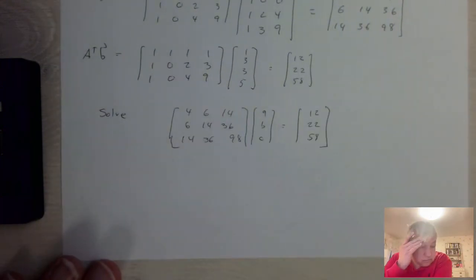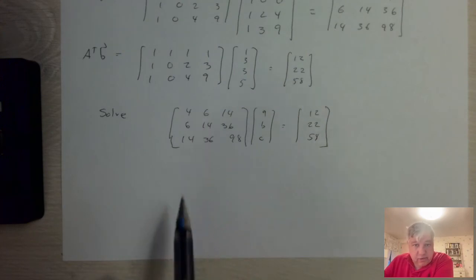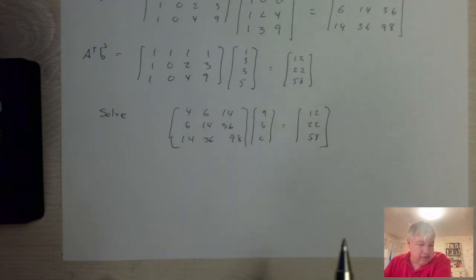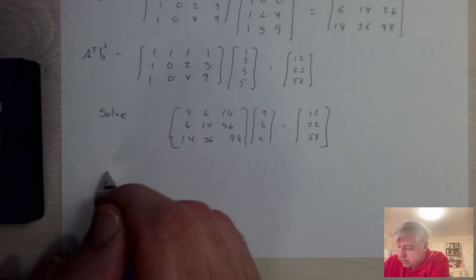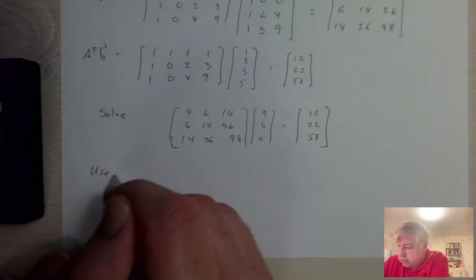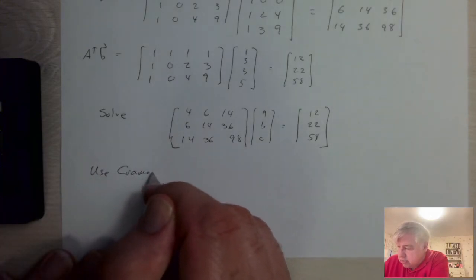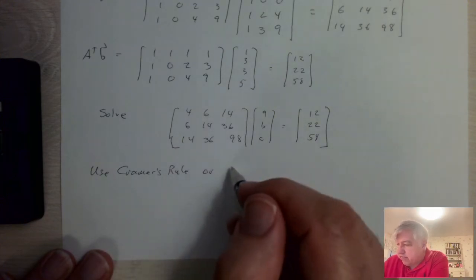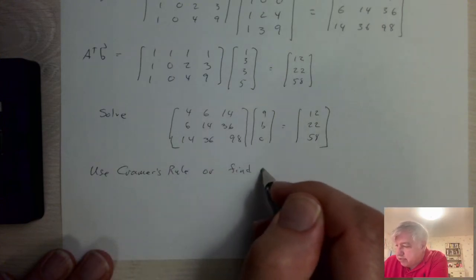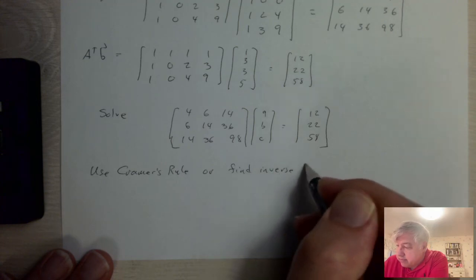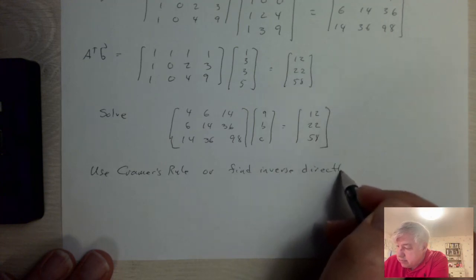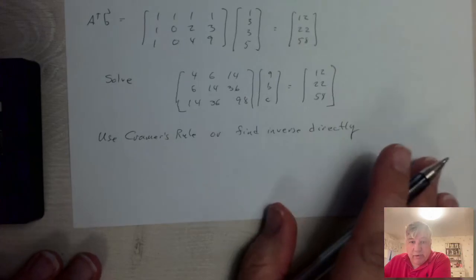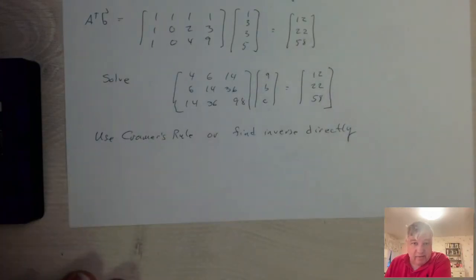Again, we could try to take this matrix, or you can use Cramer's rule, or just find the inverse directly. If you use Cramer's rule, you're going to have to simplify this.